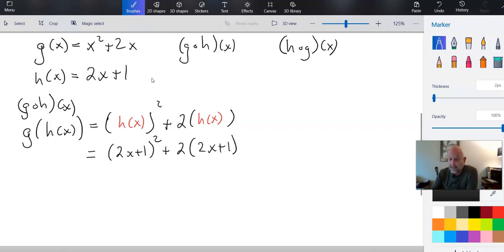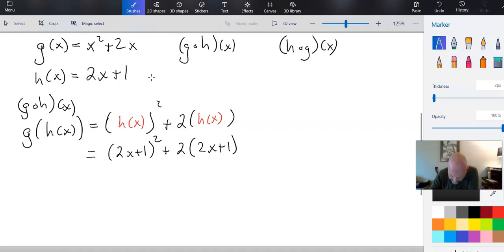Okay, so you would be expected to simplify this, although I will say a lot of the time when you find a composition in the course of solving some other problem, sometimes it's easier if you don't simplify it until you have to, because there's just things you can see in here sometimes. Okay, so let's go ahead and simplify this.